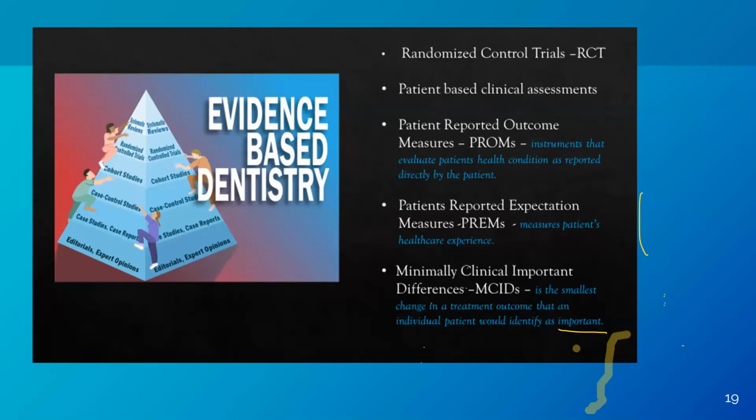Also, because of evidence-based study, now there is a lot of emphasis on PROMs, what is called patient-reported outcome measures. And if your thesis or your study is doing something, along with that, you are adding a component of PROM. Like I said, that example I gave you of a socket shield.